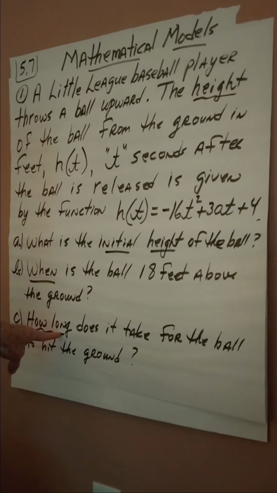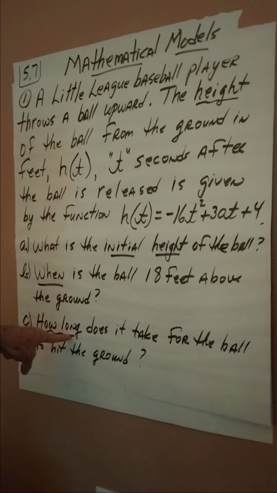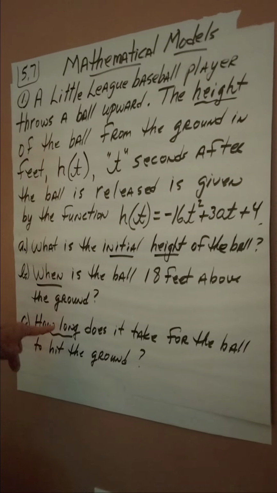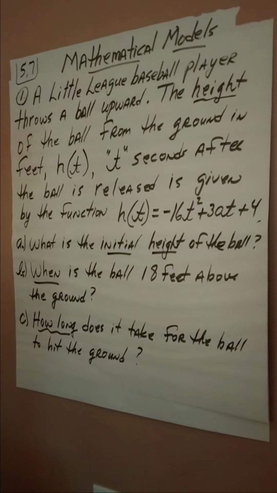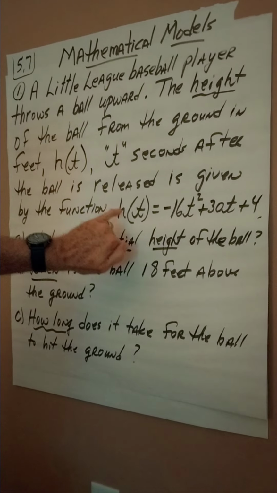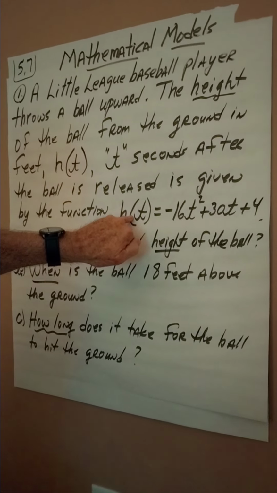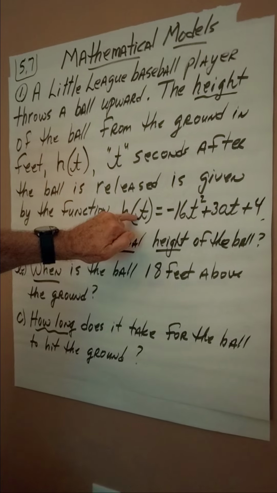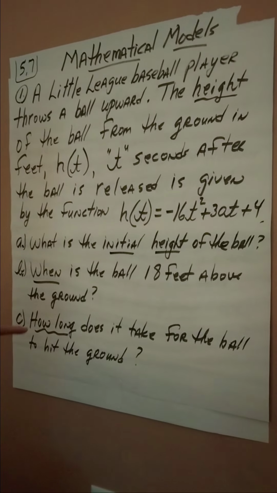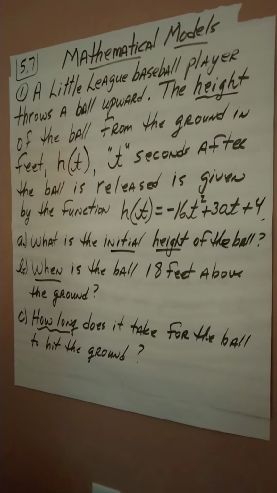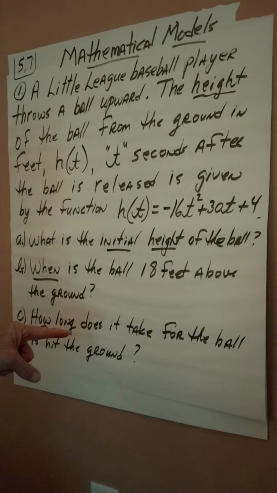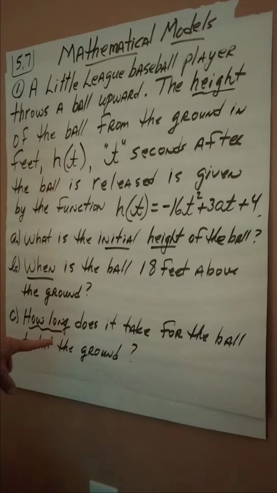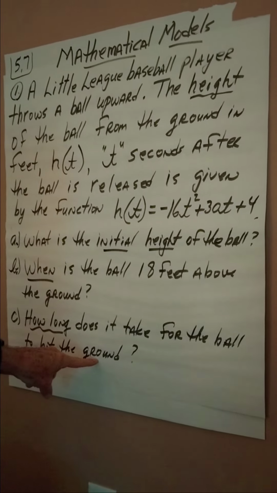If they're asking us to find out how long it's going to take for the ball to hit the ground, they're wanting us to find t. Well, then if they're wanting us to find t, they have to tell us the h of t. They have to tell us the height. And the only hint that we have for the height is what it's asking. How long does it take for the ball to hit the ground?